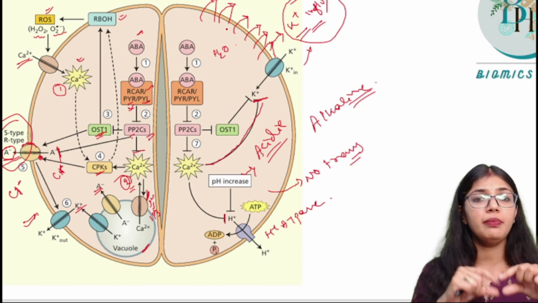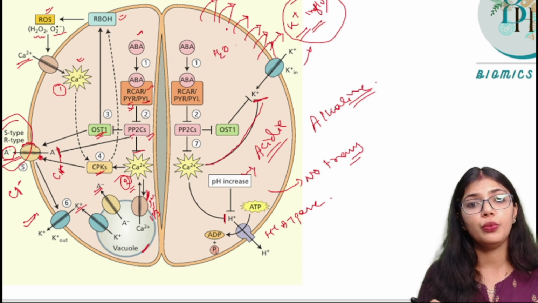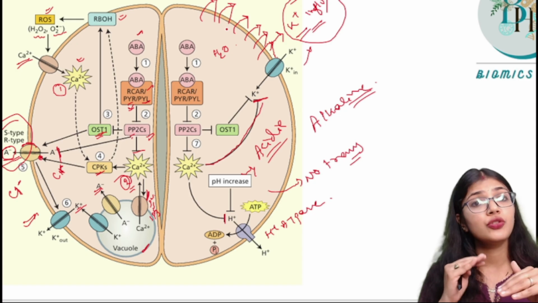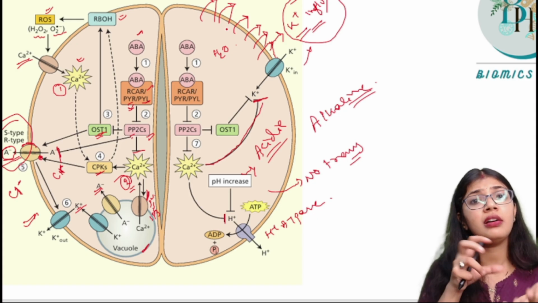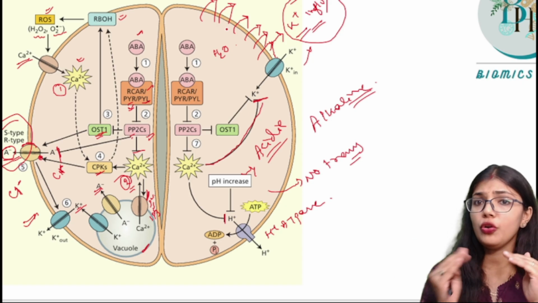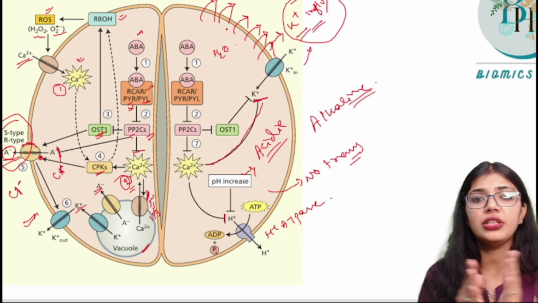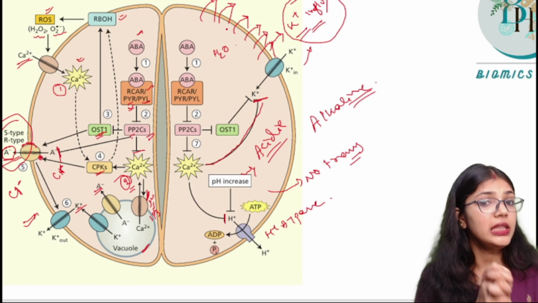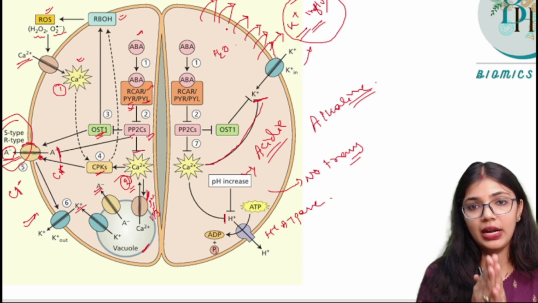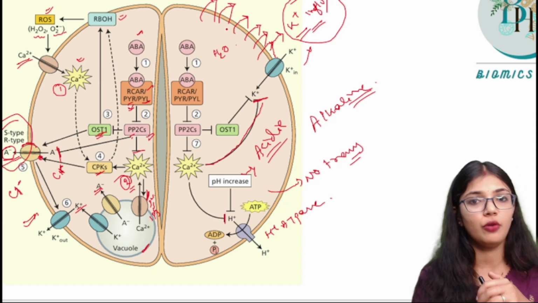There will be more ions present outside the cell, due to which the amount of water will be more inside the guard cell. As the amount of water is more in the guard cell, it needs to be transferred out, due to which the guard cell will be flaccid, and due to the flaccid condition of the guard cell, the stomata will be closed. In this way the abscisic acid is regulating the closure of the stomata, due to which there will be no water loss during the drought condition.